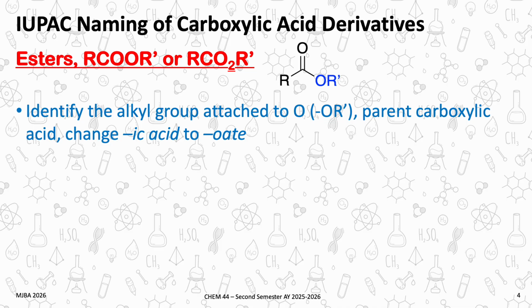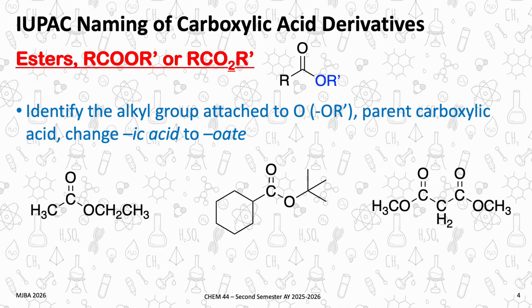From the name of the carboxylic acid, we drop the ic acid and instead use the suffix ate. In the first example, the OR group is an ethyl, and the acyl group is from ethanoic acid. So the name of the ester is ethyl ethanoate.